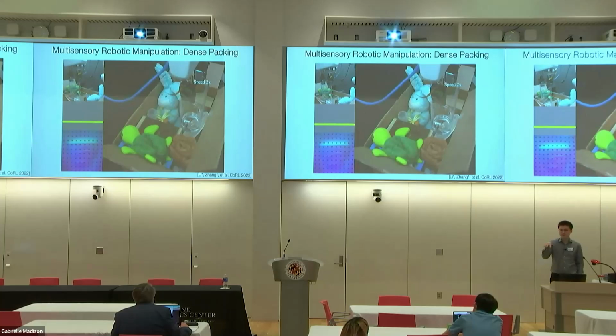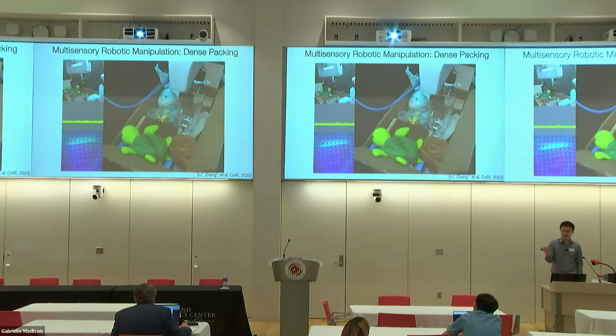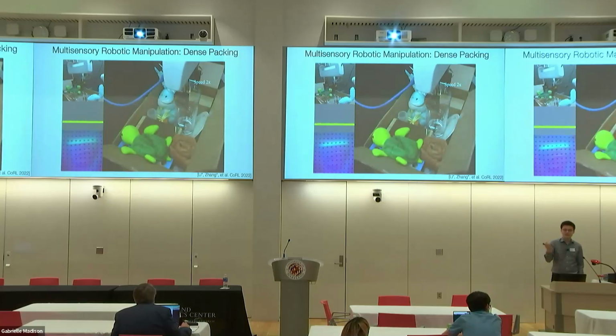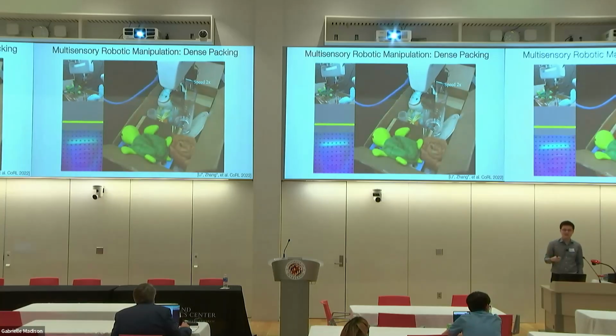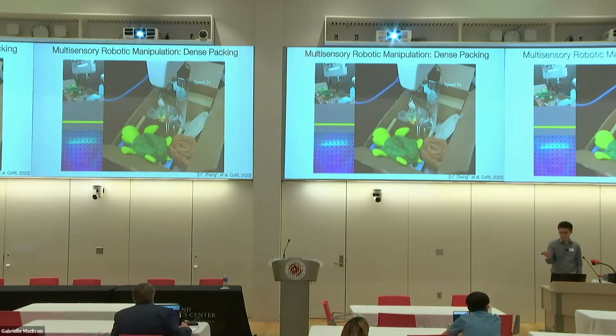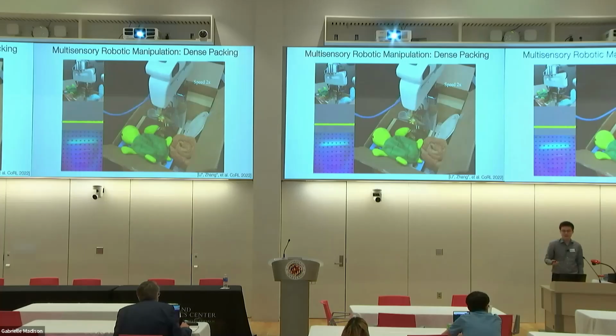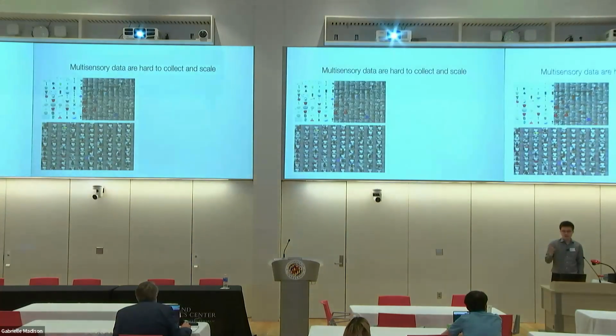You want to make use of different modalities to carefully place it into the box so that it won't break, and also so that it can be compactly placed in the box. So here we're also using the tactile feedback, the acoustic feedback and the visual information to successfully place this glass into this packed box. Okay, so that's about these manipulation tasks.